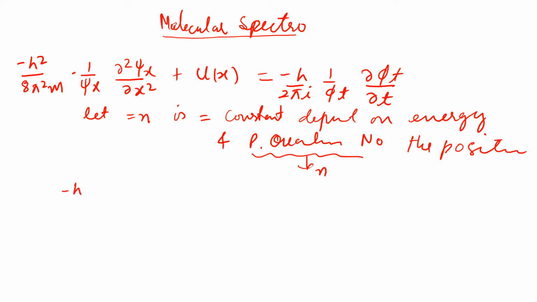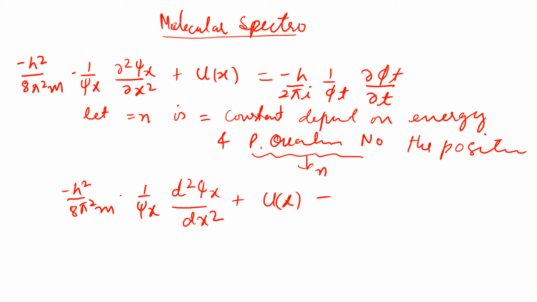So it is minus h square by 8 pi square m into 1 by psi x, d square psi x by dx square, plus the potential energy, and it is equal to some energy of the system, that is epsilon n.